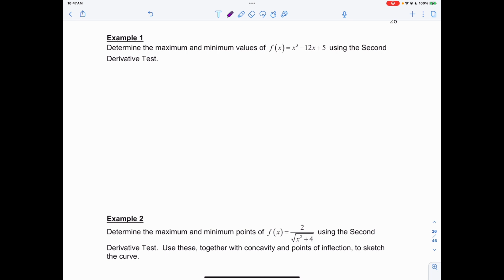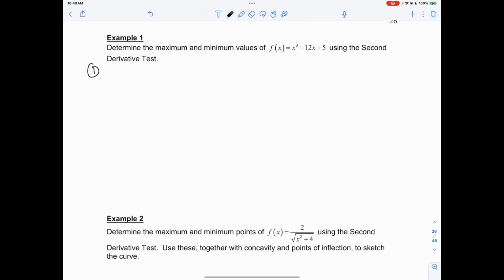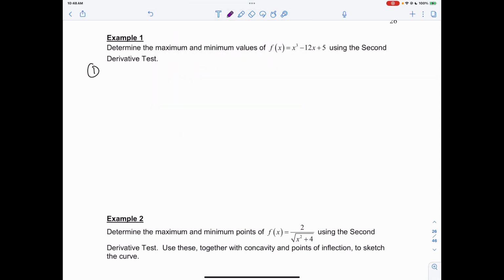For example 1, it says determine the maximum and minimum values of f of x is equal to x cubed minus 12x plus 5 using the second derivative test. Well, when we think of our process, the first thing is I take a look at this function. It's a polynomial function, so I know it's going to have a domain of all real numbers.